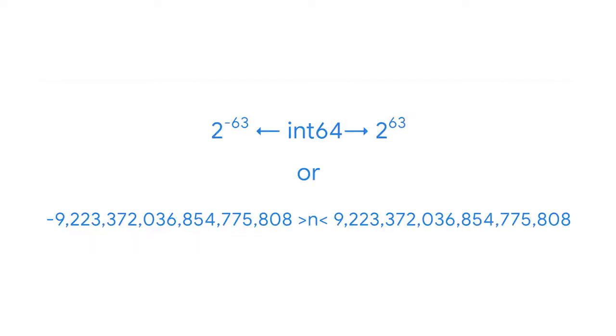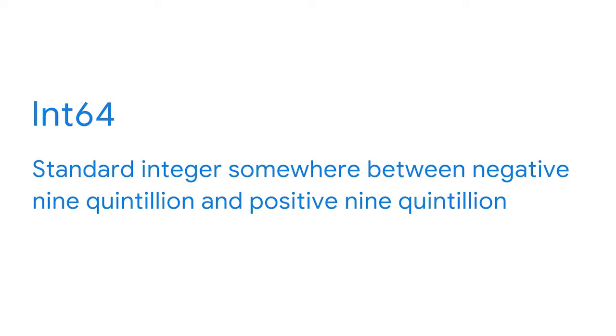Int64 refers to integer 64. It means that the data type contains integers or numbers between 2 to the power of negative and positive 63. Simply put, int64 is a standard integer somewhere between negative 9 quintillion and positive 9 quintillion.